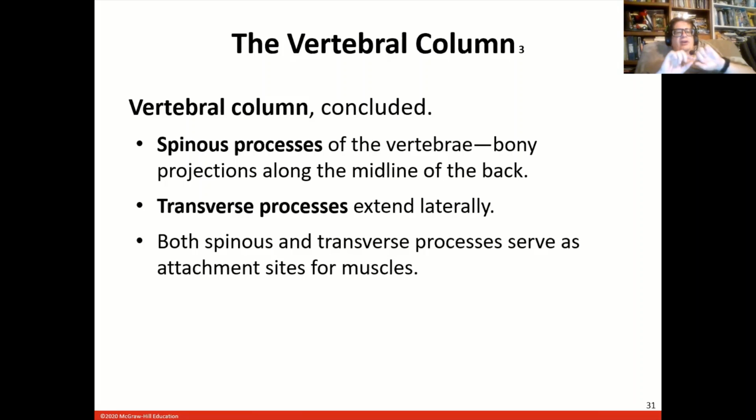Then you have the transverse processes that go to the side. So one towards each side of you. The spinous processes are going to go like that. The transverse processes are going to go that. These are where we attach the muscles, like the longissimus, to help keep the spine vertical. We're using muscle tension.